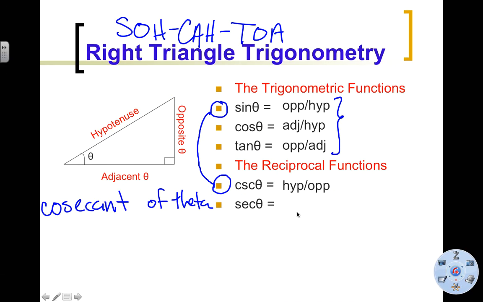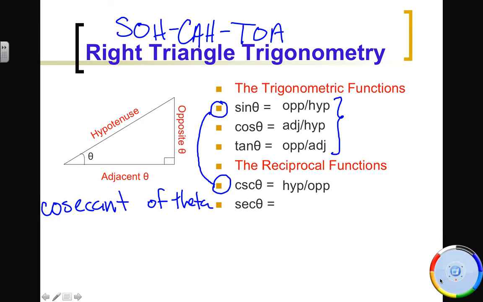All right, the next one is SEC. And SEC is secant of theta. And secant is the reciprocal of cosine. And if secant's the reciprocal of cosine, then we get the reciprocal of its other side.